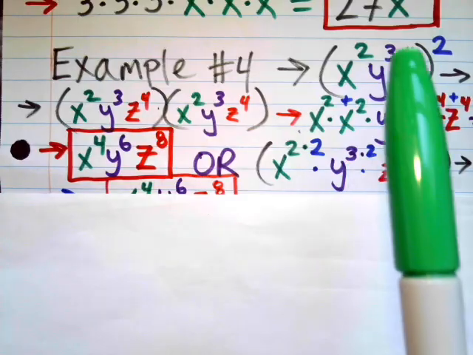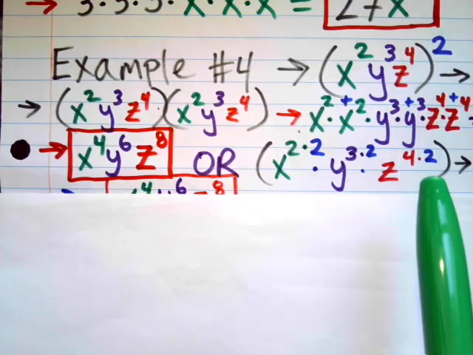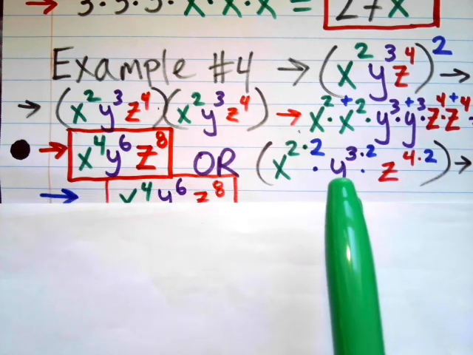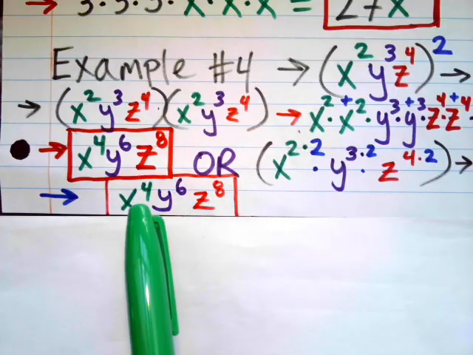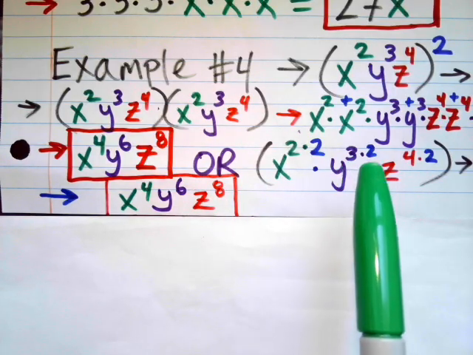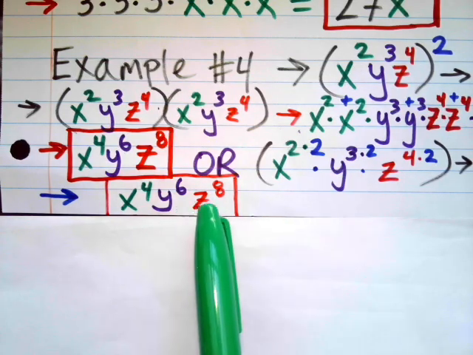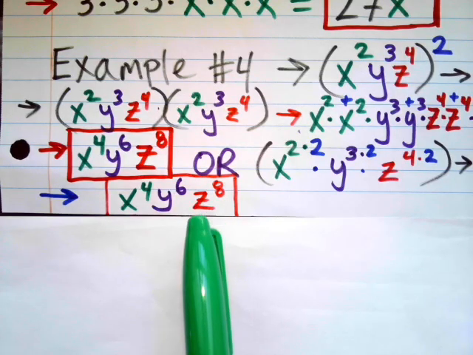Times y to the third times 2 times z to the fourth times 2. And now you can just simply multiply these terms. 2 times 2 is x to the fourth times 3 times 2 is y to the sixth times 4 times 2 is z to the 8th.